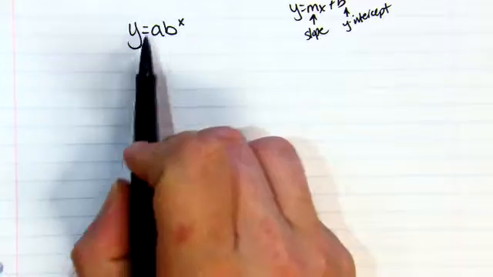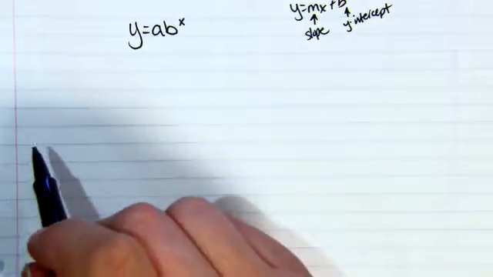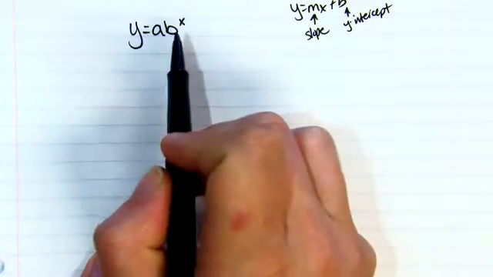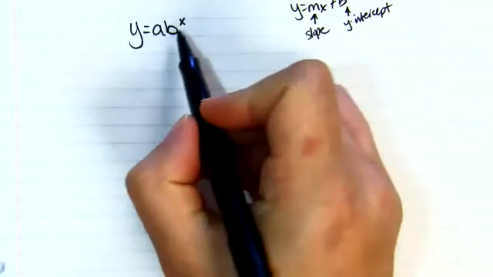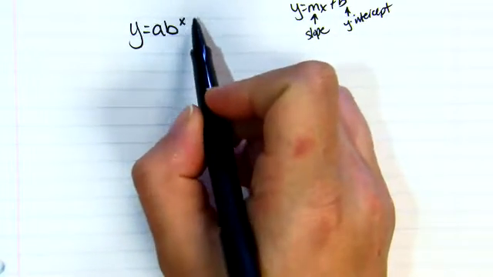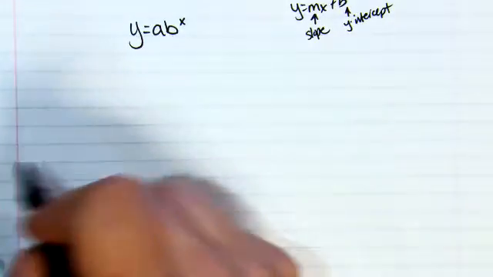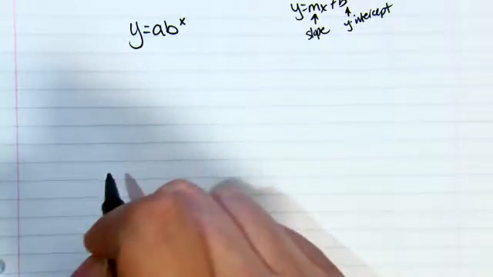But let's first start off by trying to figure out what our y-intercept would be in this situation. So remember, our y-intercept is where x equals 0. x equaling 0 is where our graph is going to cross the y-axis.